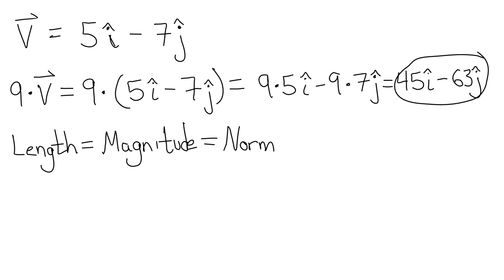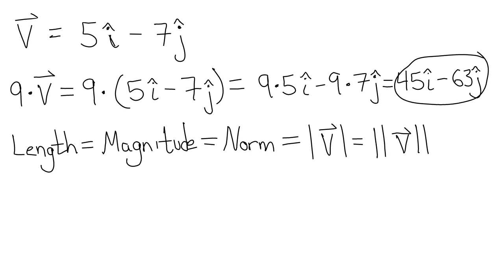And this is how you do it. If you want the length of v, some people say this. Some people put 2 bars. It depends on which textbook you're looking at.